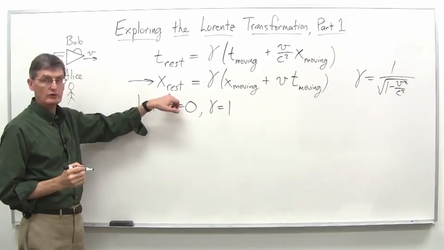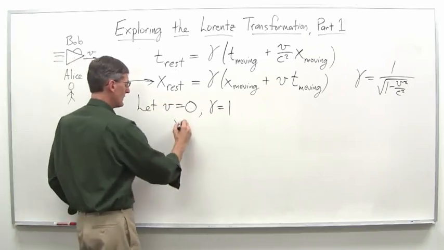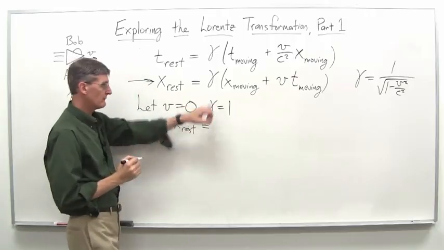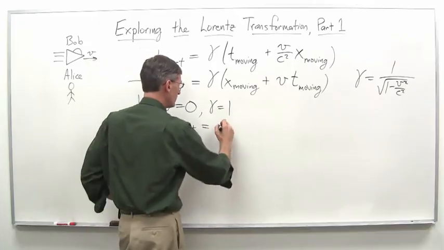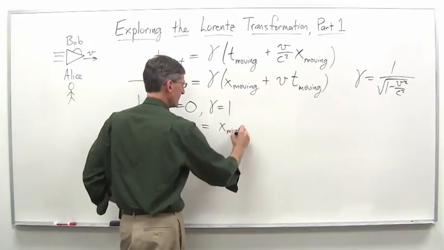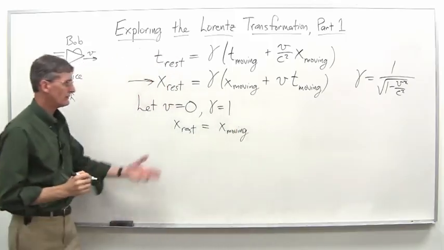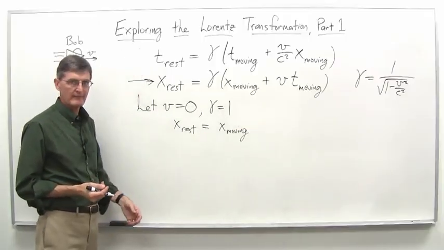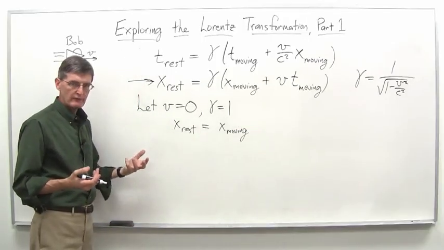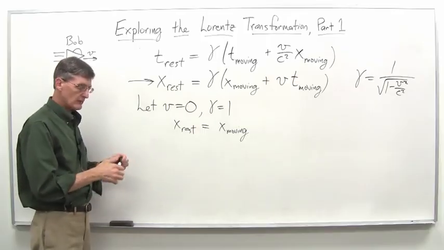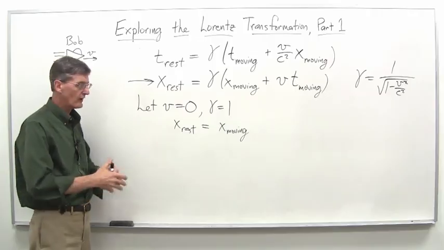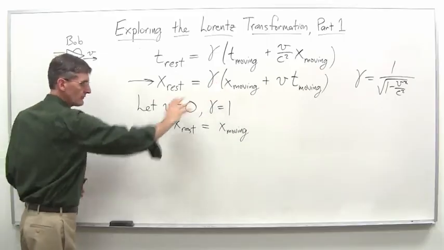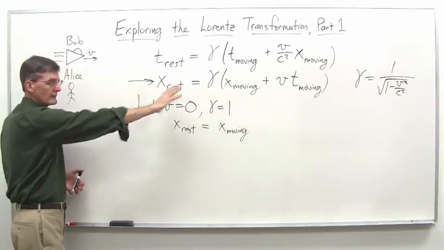So what does this equation become? We get x rest, Alice's perspective, gamma is 1 here, equals x moving, and v is 0, so this term is 0 as well. So we just get x rest equals x moving. In other words, thinking about the lattice of clocks as the underlying foundation of our observations, Alice has her lattice of clocks, and that's her measuring system for length and time.